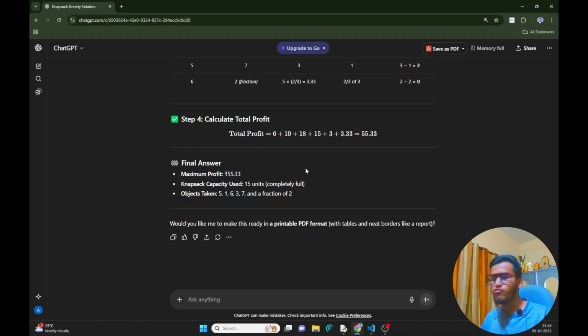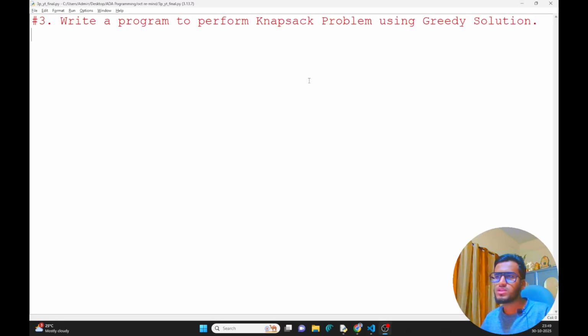Yeah. Now we will implement this in a programming way, line by line, and I have reduced the code. You can learn it yourself. Okay. And we are defining the knapsack with the greedy method. In this, we are passing the value, weight, and capacity.